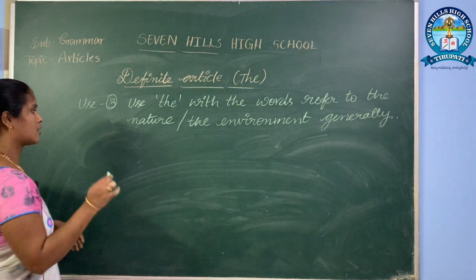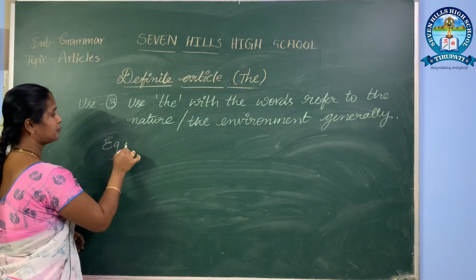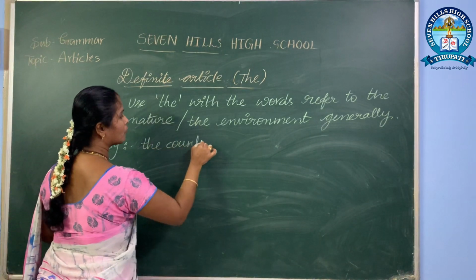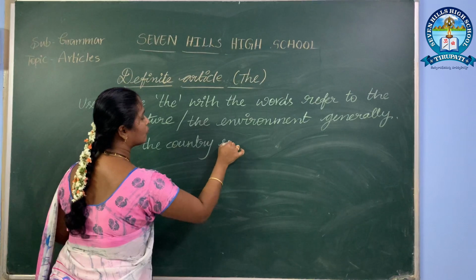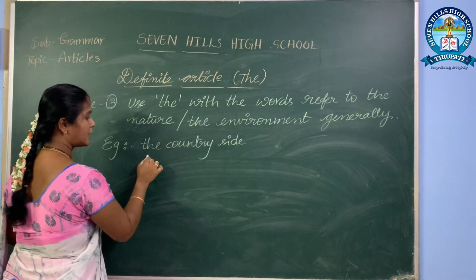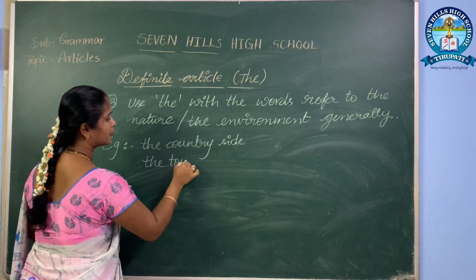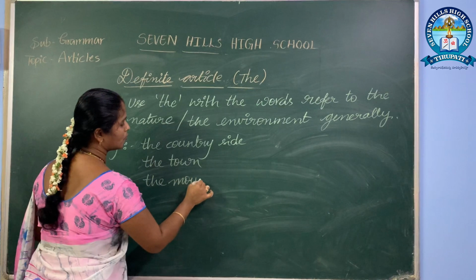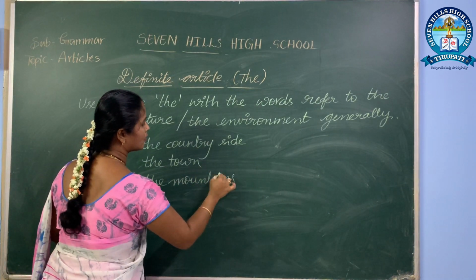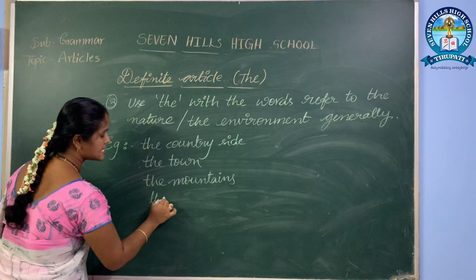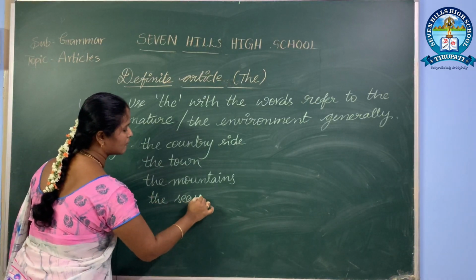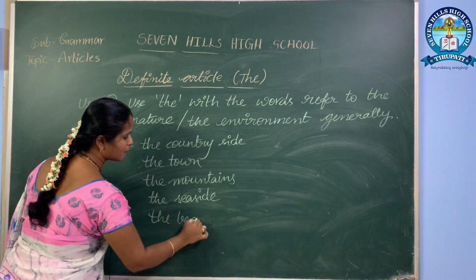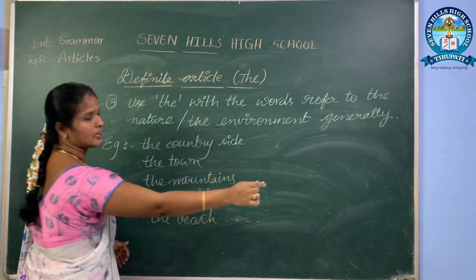That means we can use, for example, the countryside, the town, the mountains, the seaside, the beach, the weather, and so on.